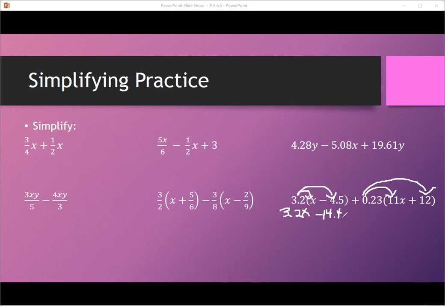And feel free to multiply it out on your own if you need to show your work on that. And then I'm going to multiply now the 0.23 times both things in that parentheses. So first multiply it times 11, which will give me 2.53x. And then I have to multiply that 0.23 times 12, which will give me 2.76.